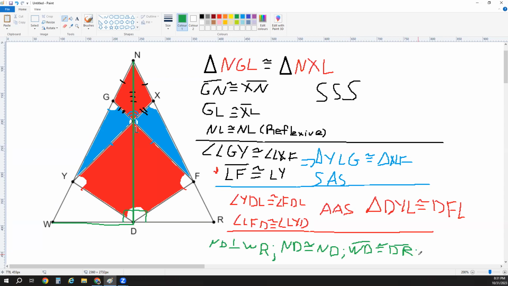What can I deduce about these big, large triangles here, WDN and WDR? Well, because of the hypotenuse leg theorem, I have one hypotenuse.